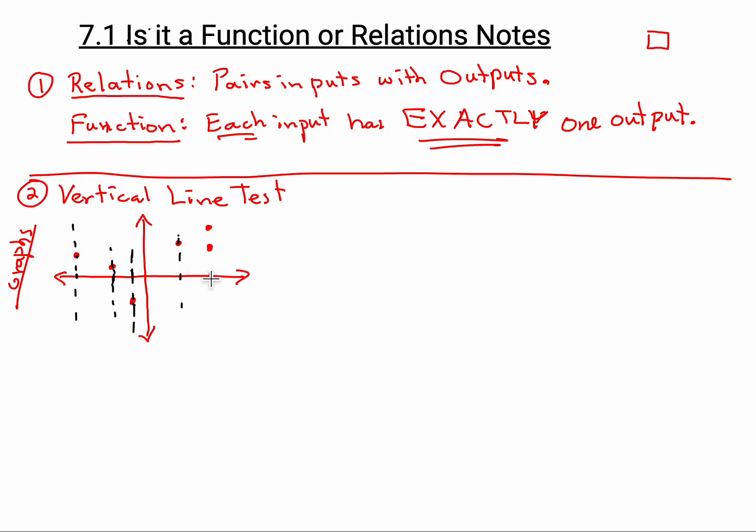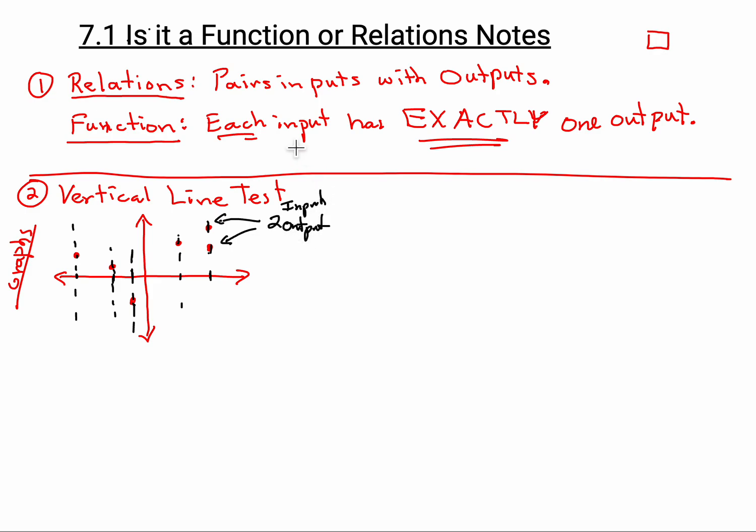And I get to this one right here, and this one had not just one output, but two outputs. So right here, the input had two outputs.